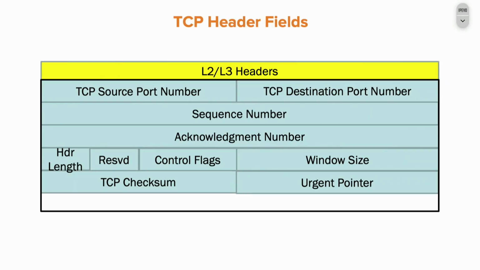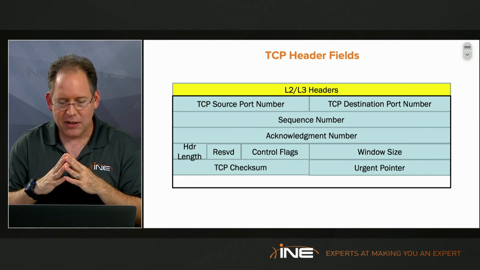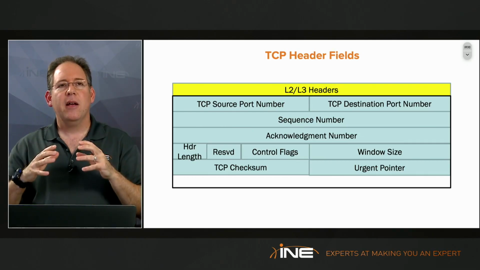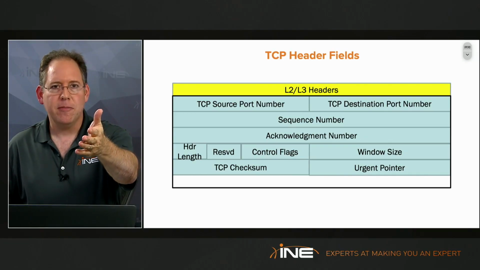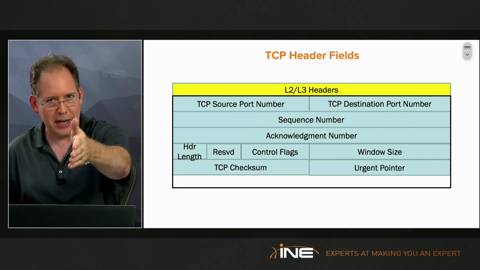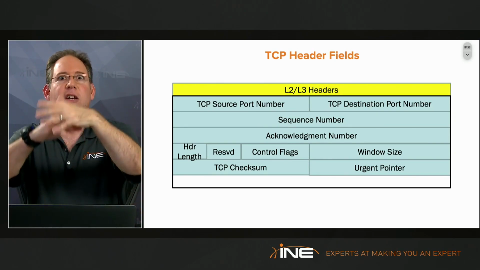And where the urgent pointer comes into play is, let's say that you were a Cisco router and I'm someone who's telnetting into you. Okay, I'm telnetting, I'm trying to get your command line so I can control you.